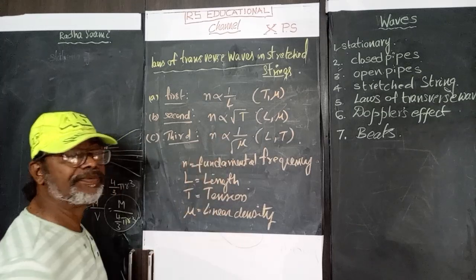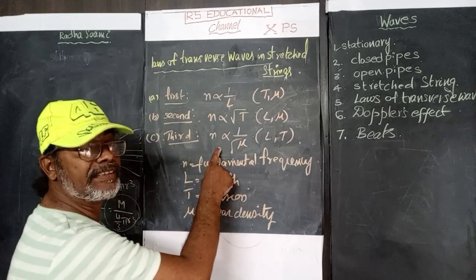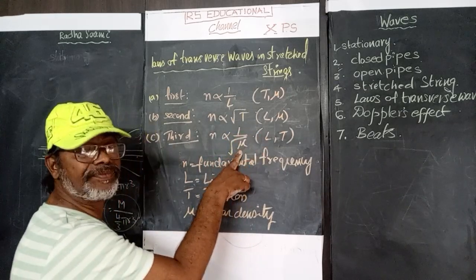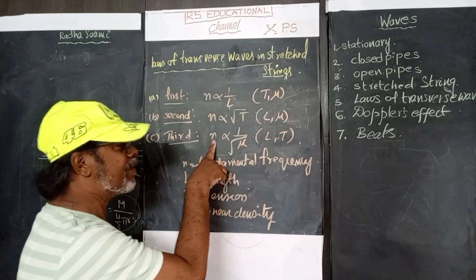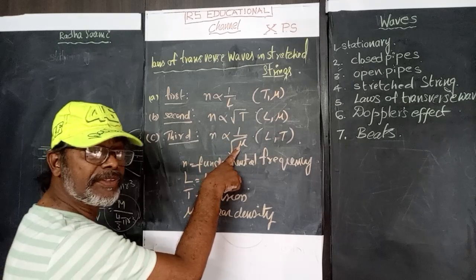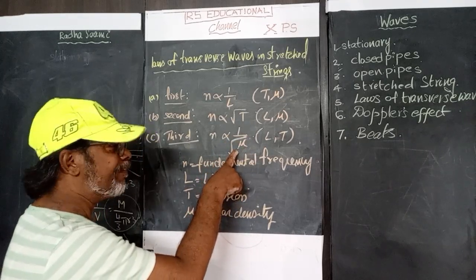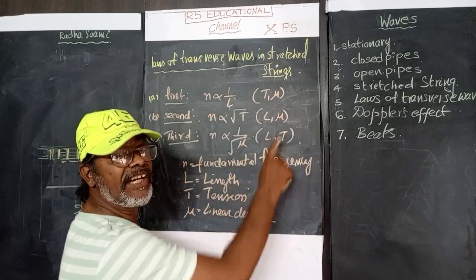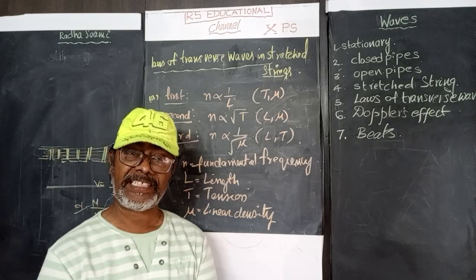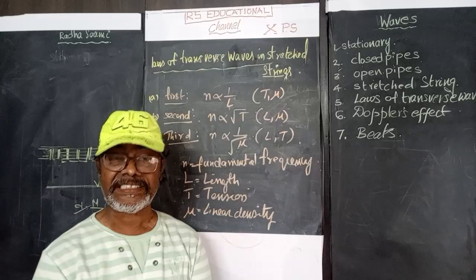Next, third one. The fundamental frequency is inversely proportional to the square root of its linear density. Fundamental frequency is inversely proportional to square root of its linear density when length and tension are constant. Here three variables are there. One is length, another one is tension, another one is linear density.